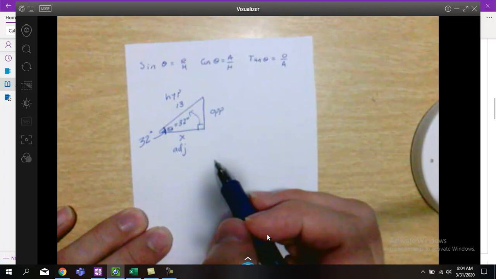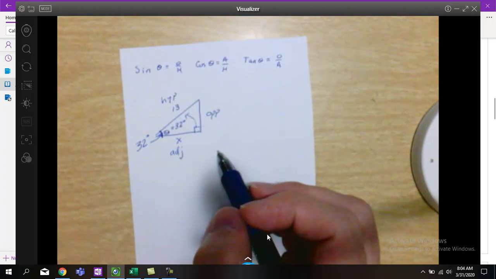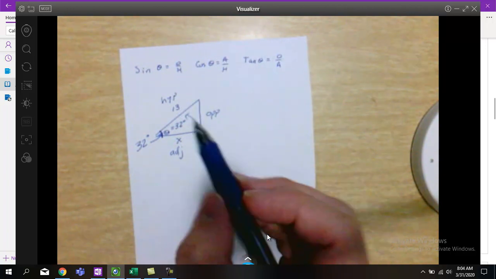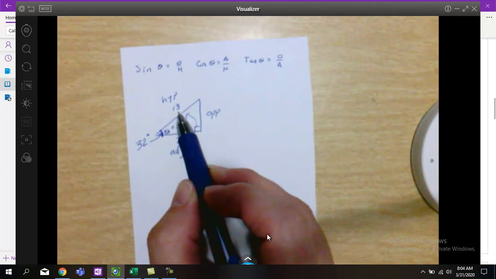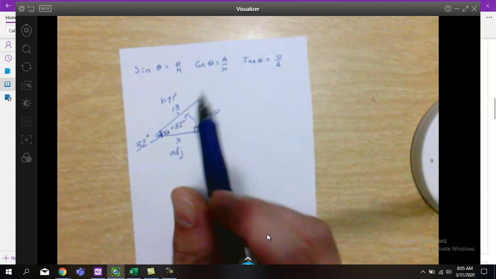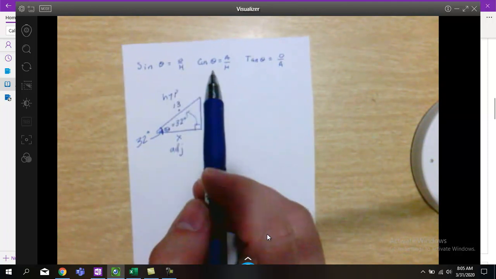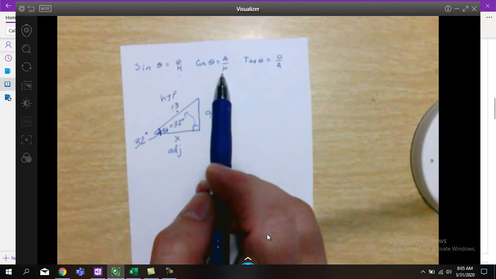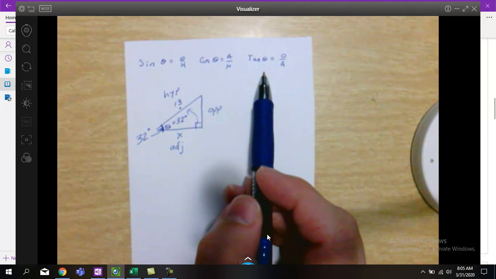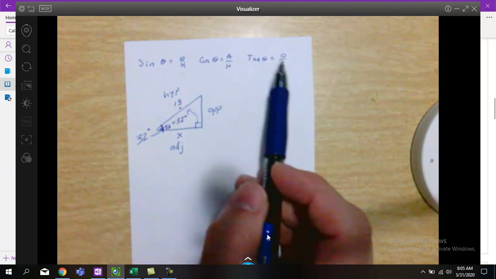We always want to work with the number that we have, and since we have the hypotenuse as 13, we want a trig function that uses the hypotenuse. So sine, which is opposite over hypotenuse, and cosine, which is adjacent over hypotenuse, would both work really well. Tangent doesn't use hypotenuse, so I would reject it.